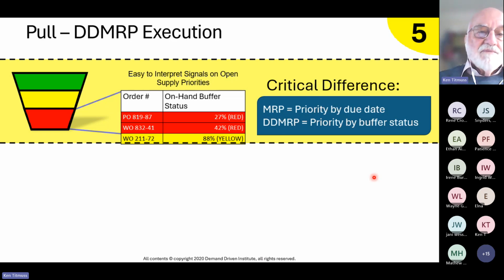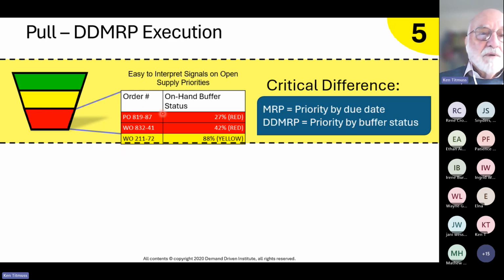So in the factory, you could stick up a flat screen TV and project the buffer status of every finished product that you manufacture. And you don't have to tell the factory to do anything because they'll be in priority order. They'll be able to see which buffers are in the worst situation. In other words, where is my on-hand sitting down in the red zone here? If it's sitting in the red zone, this is a bit of a priority.